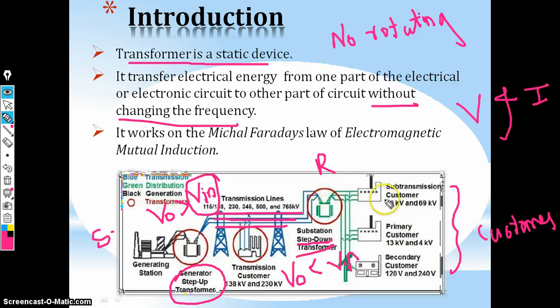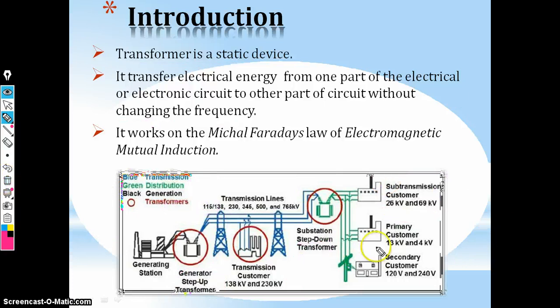The customer requirement is 26,000 volt and 69,000 volt. This is the sub transmission customer. Then the primary customer requirement is 13,000 and 4,000 volt.